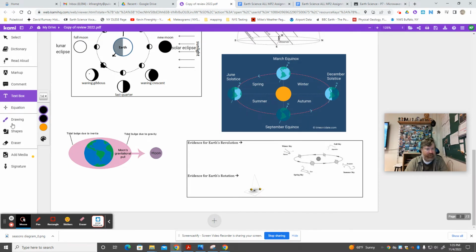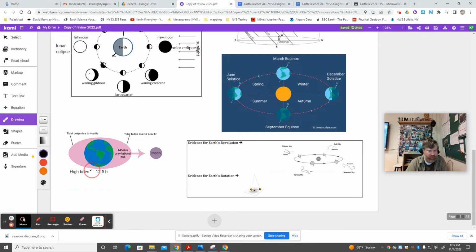And as it spins through, it'll hit a high tide, then a low tide, then a high tide, then a low tide. So what we get are high tides every 12.5 hours. I left spaces there so I could do one of these wavy equal sign things.